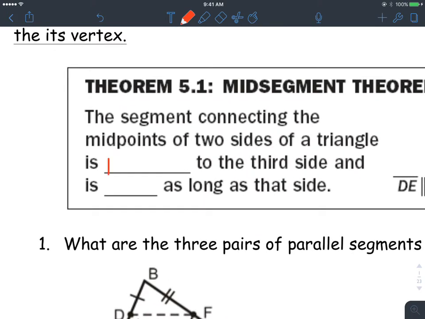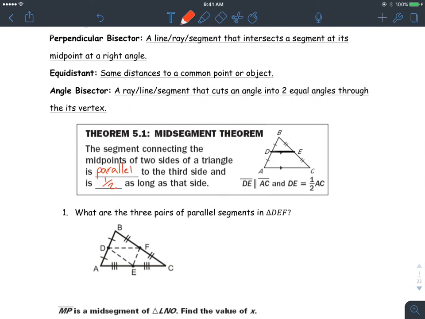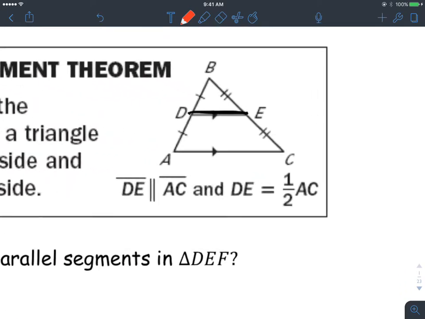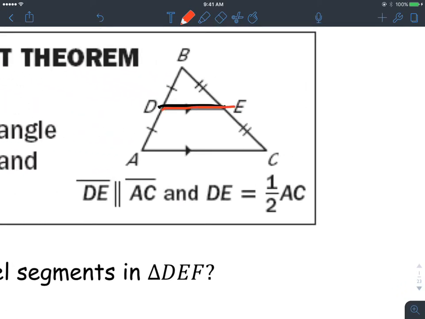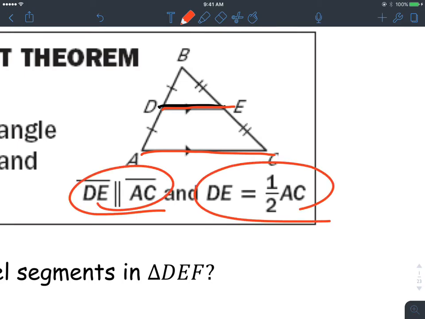We're going to say it's parallel. And then also it's going to be half as long as that side. So DE right here is going to be half as long as the AC segment right there. So parallel, and then DE is 1/2 AC.